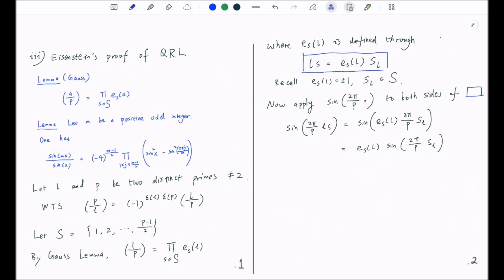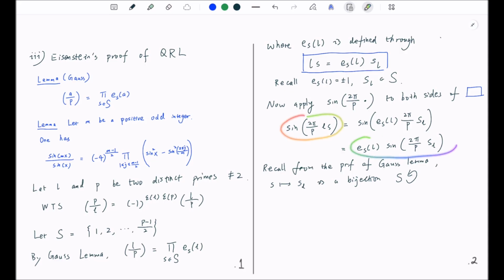And here, the map sending little s to sl is also a bijection. So now we're going to multiply both sides of this equation for little s ranging over S.